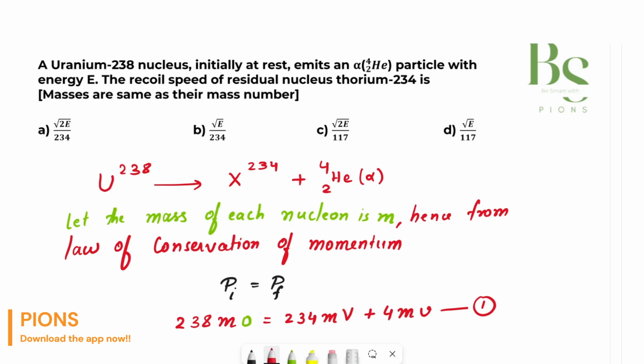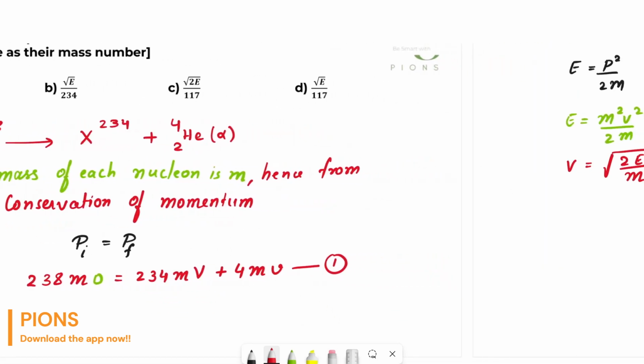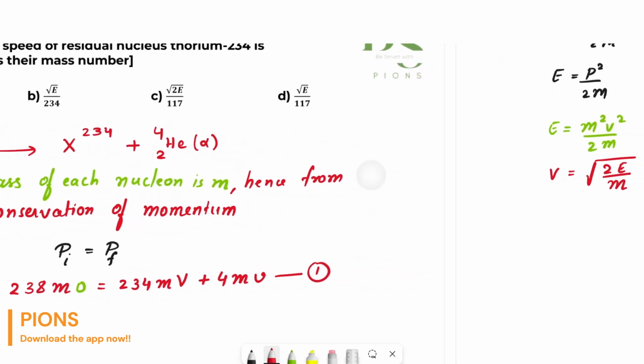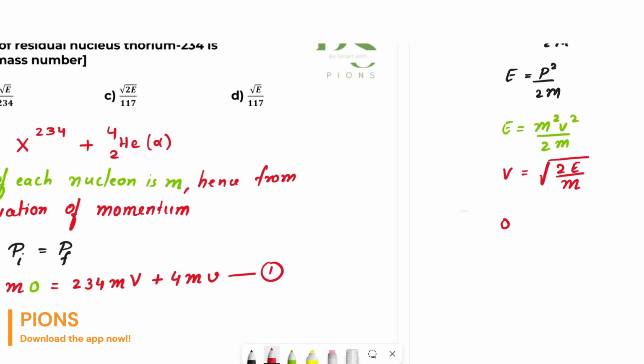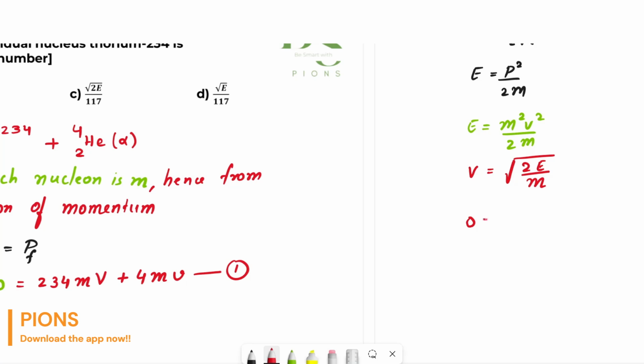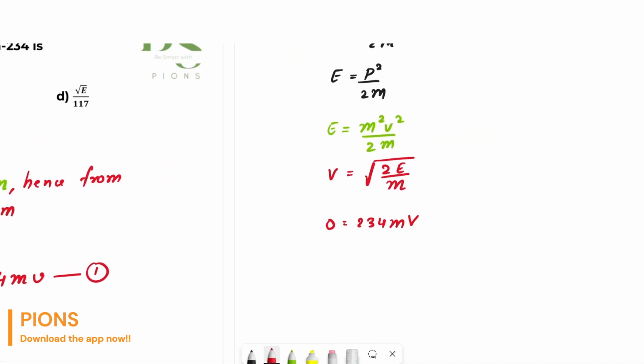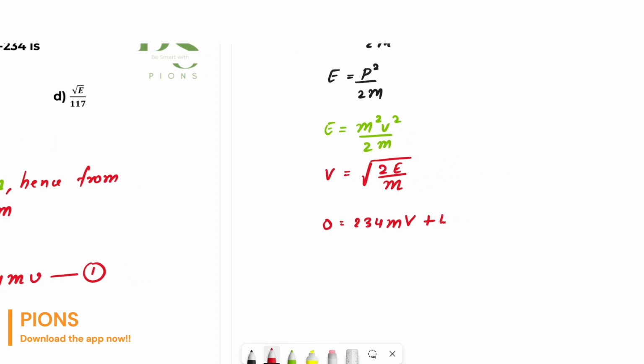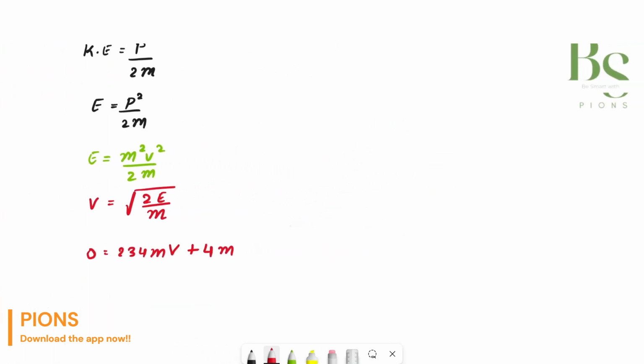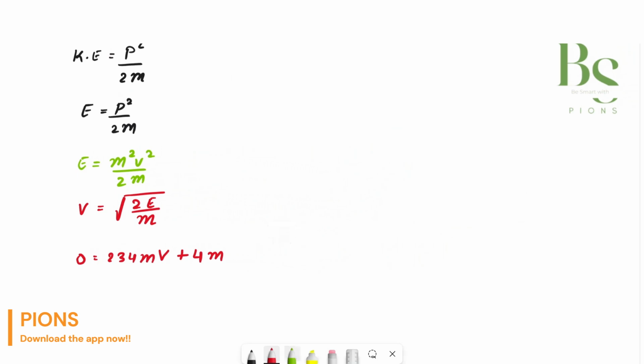So let's recall equation 1. The left hand side is 0, and on the right hand side we are left with 234 times the mass of each nucleon times velocity V, plus 4 times m times v. Small v is the velocity of the alpha particle, and we can express that in terms of energy.